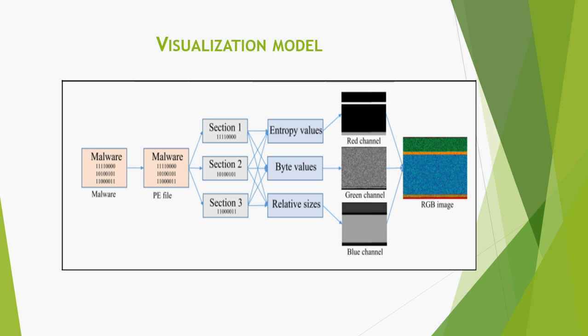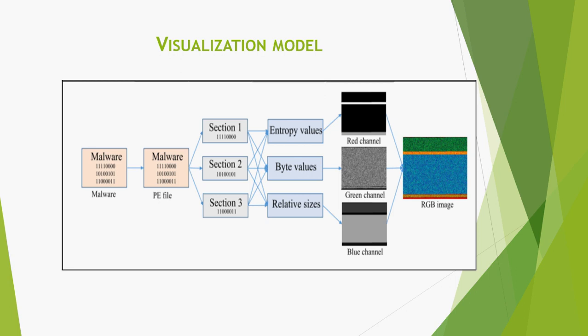I'm thinking of using a method where different information is assigned to each color of the image. I use the entropy value in order to check the difference of bytes in a section. The section entropy is defined as sigma p_i log2 p_i, where p_i is the probability of the occurrence of byte value i.